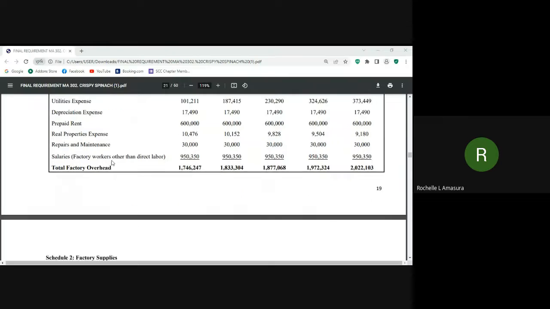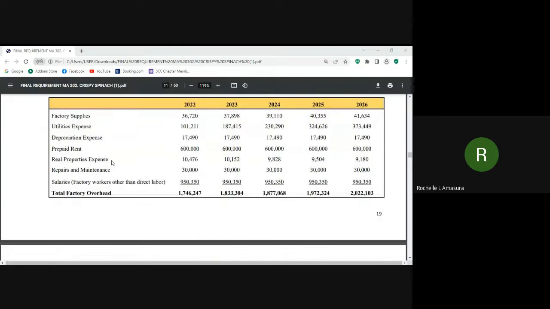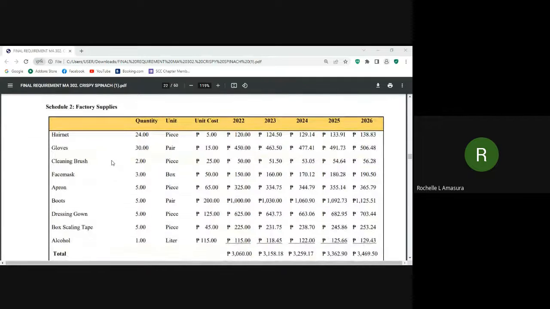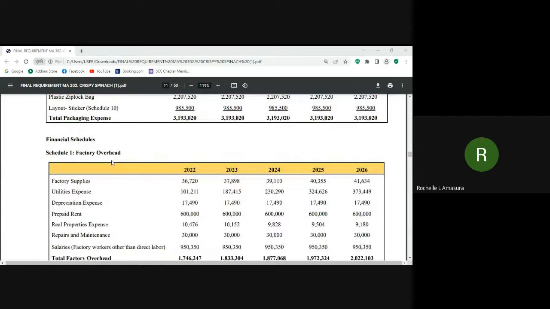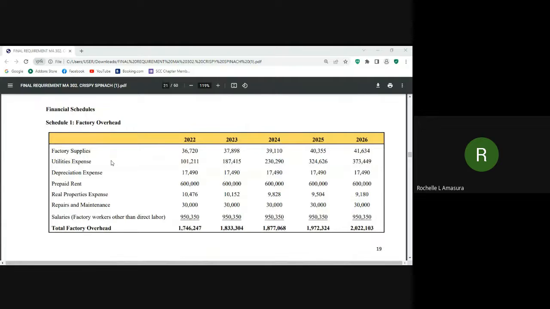First, we have the factory supplies. The year 2022, we have 36,720. The utilities expense, depreciation expense, prepaid rent, property expense. Kani sila, ipang-add na lang ni sila para makuha ang total factory overhead.